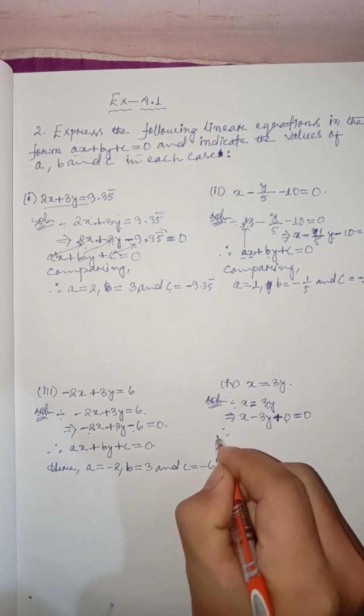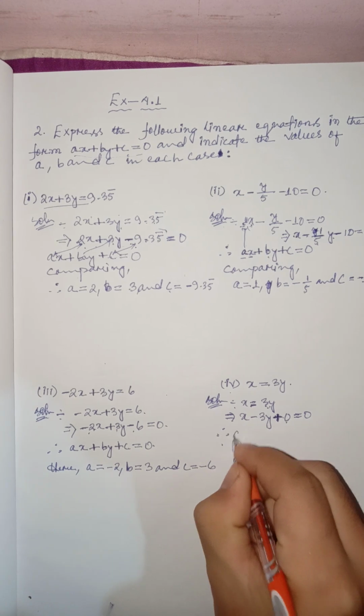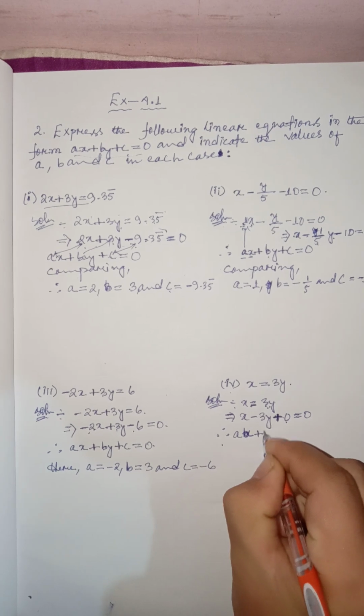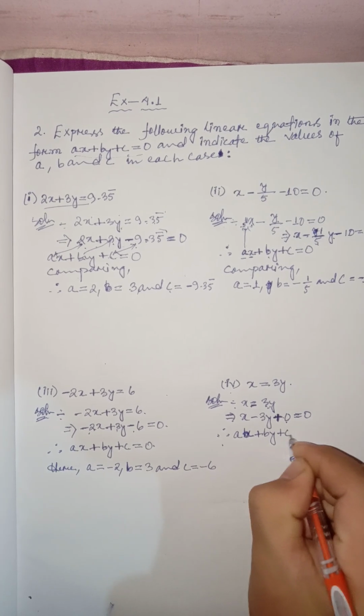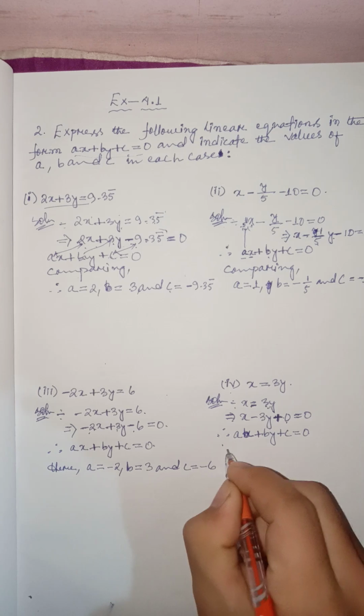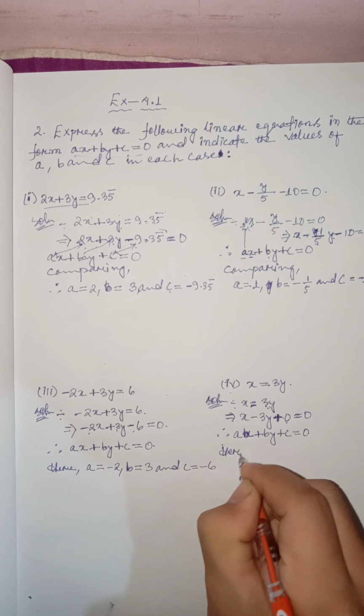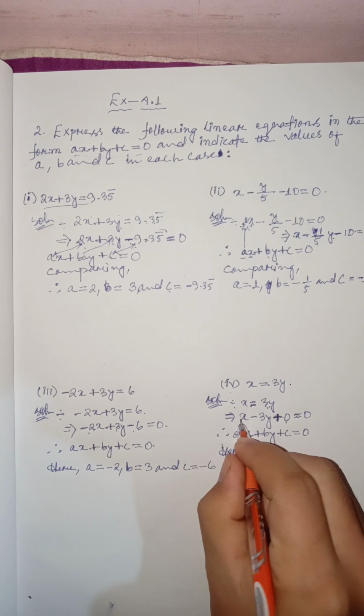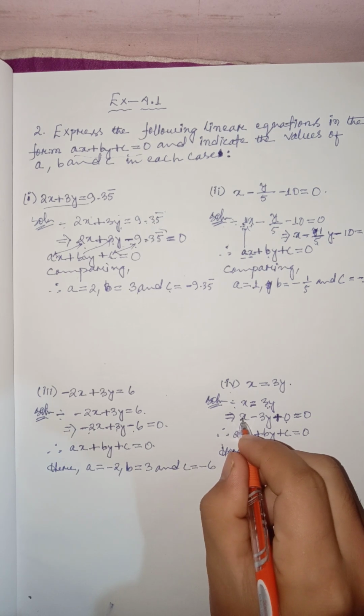Then after that, let us write the general equation. It is ax plus by plus c equal to 0, right? Then right after this, let us compare this. What is the number just before this x, or the coefficient of x?